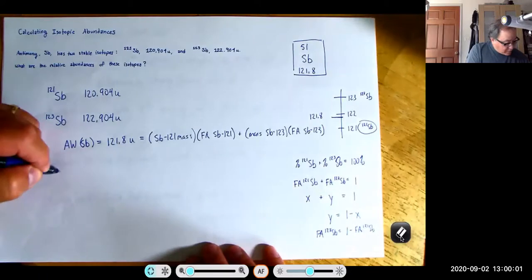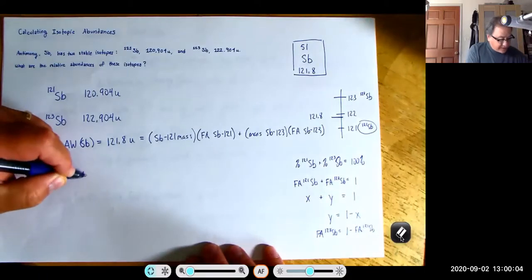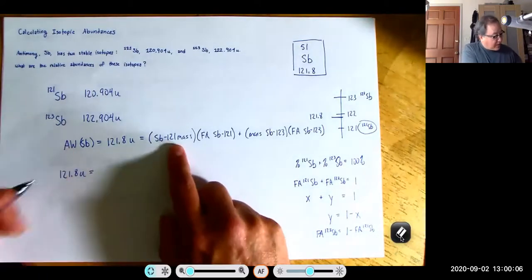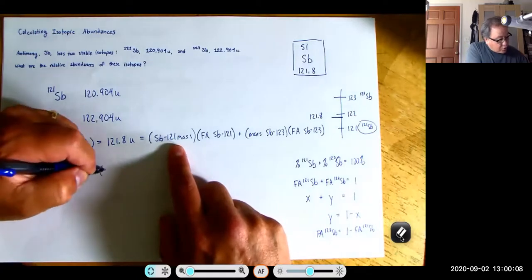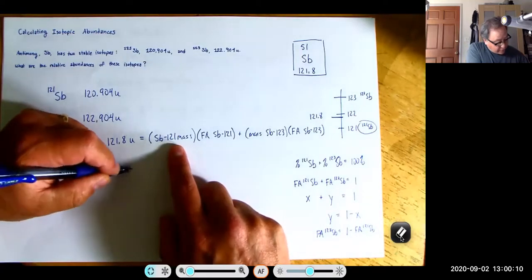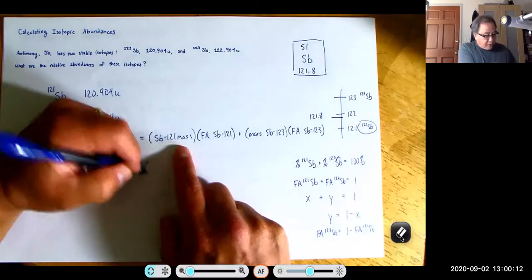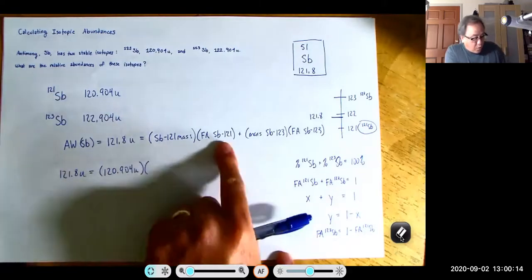Okay, so let's take a look at what we have above here. So we have 121.8 U is equal to the mass of 121, which is 120.904 U, times the fractional abundance of 121.